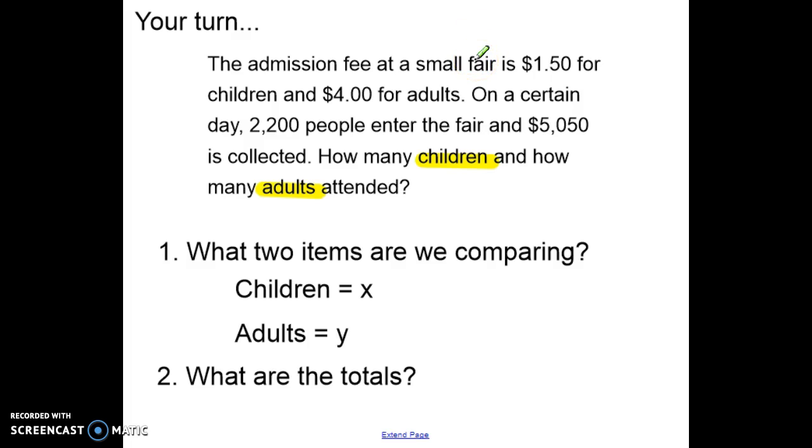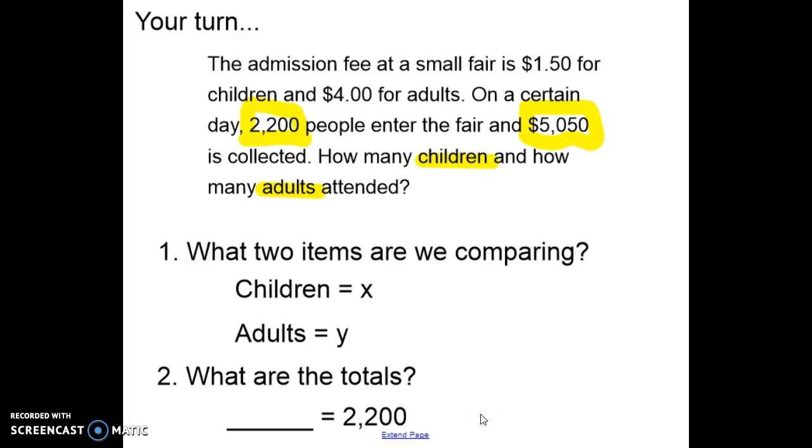And I can see here that I know on a certain day a total of 2,200 people attended and entered to pay the fare $5,050. So those are my two totals. So as I'm setting up my equations, I'm going to use those. So I'm going to have an equation. One of them is going to equal my total number of people, which is 2,200.